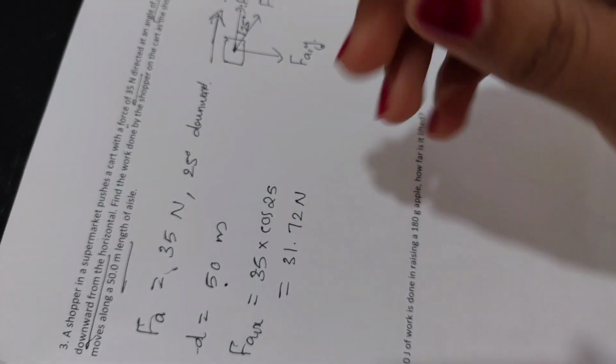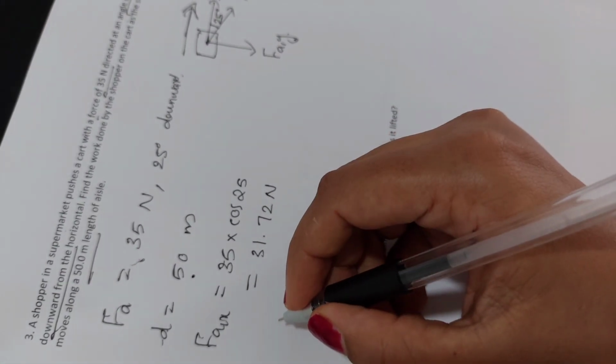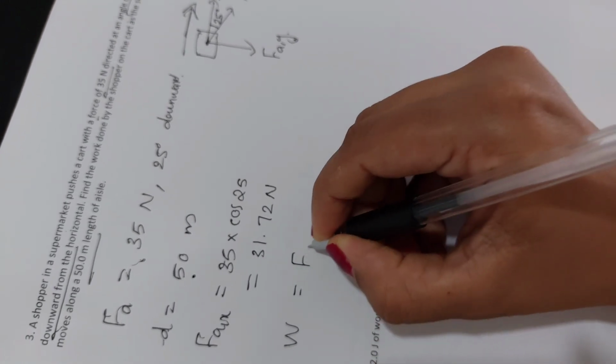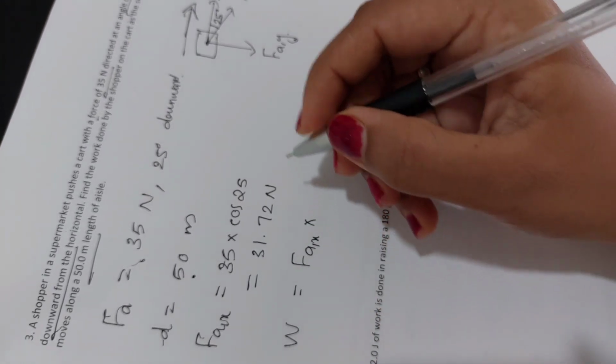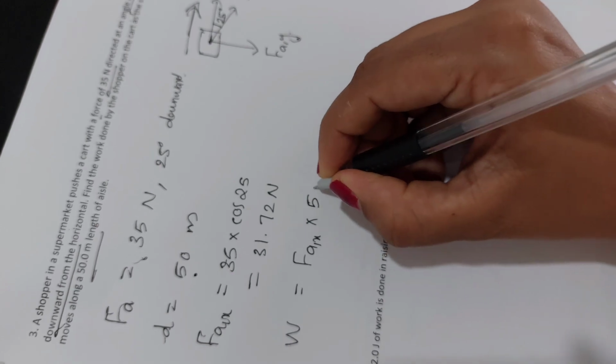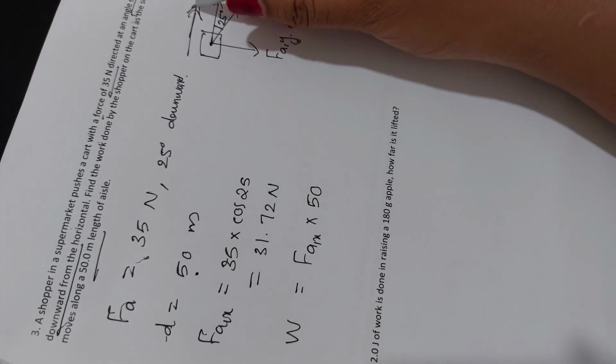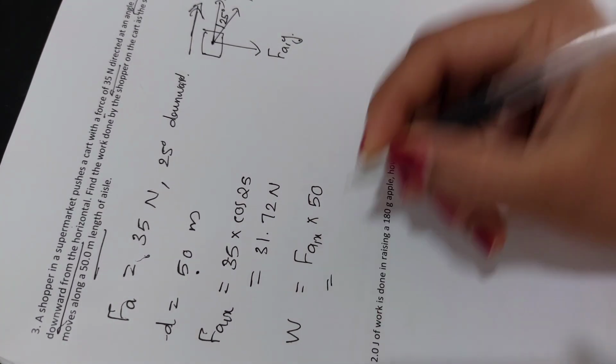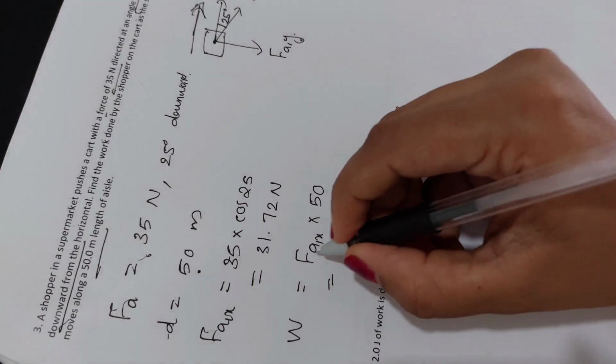31.72 Newton. And now we have to find the work done. Work done will be this Fax times 50, and of course the Fax and the displacement are along the same direction of motion. What's the value?